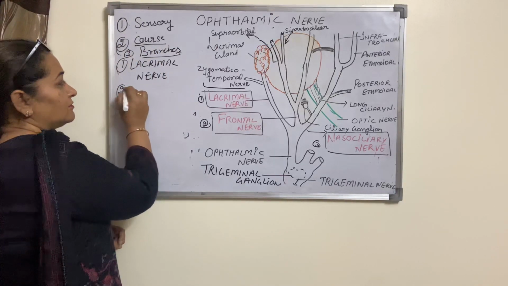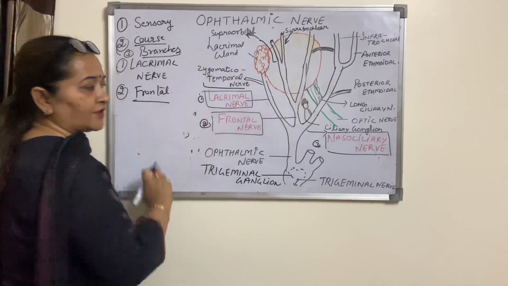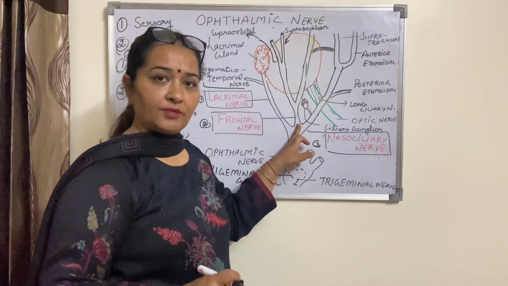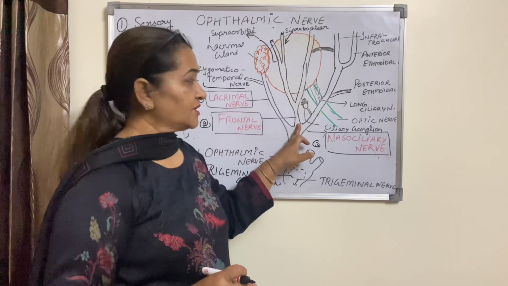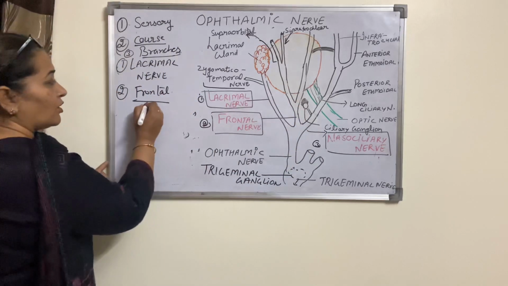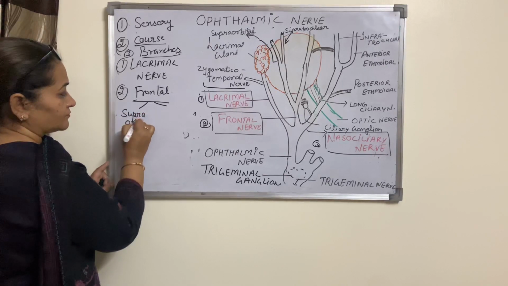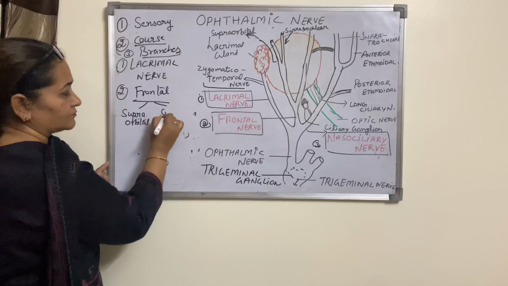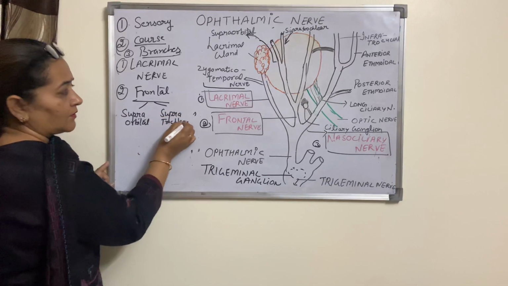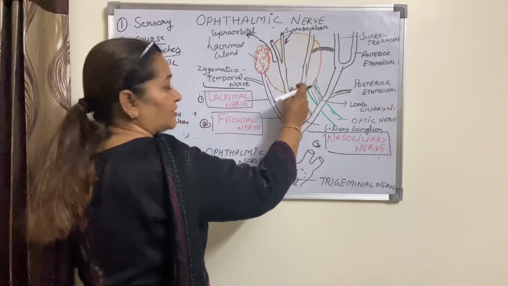Now second is the frontal nerve. This frontal nerve is running between the periosteum of the orbit and the levator palpebrae superioris. It runs forward and divides into two divisions, the supraorbital and the supratrochlear. You can see in the diagram, this is the supraorbital, this is the supratrochlear.